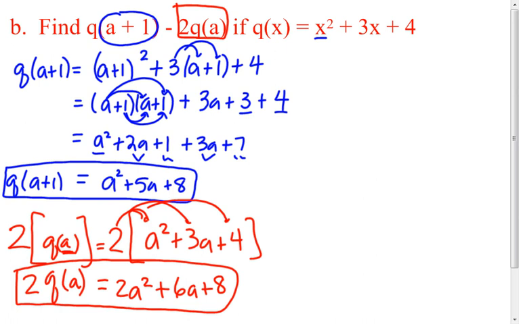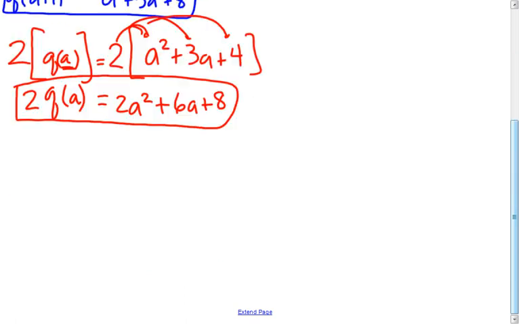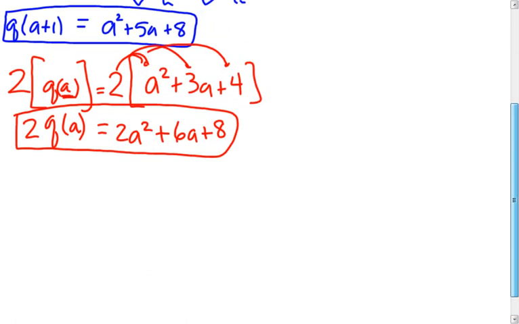Okay, now if we put this all together, what it wants me to do is take this quantity, the very first one we did in blue, and subtract the one we did in red. Okay, that's what it wants me to do. So again, it wants me to take the blue one and subtract the one I did in red. Okay, now when I subtract, I need to subtract that whole quantity.